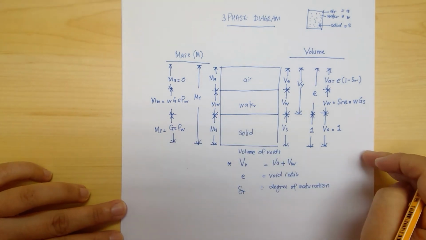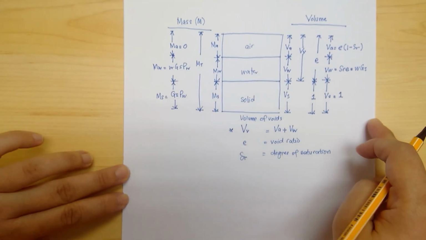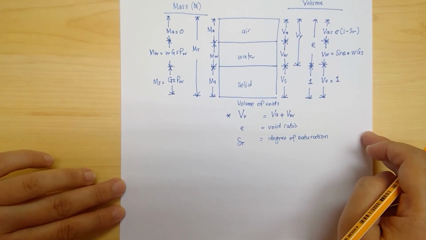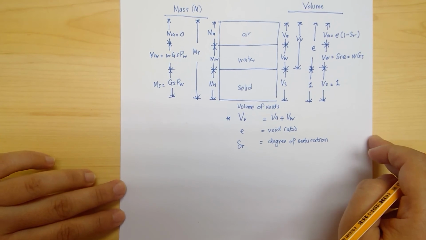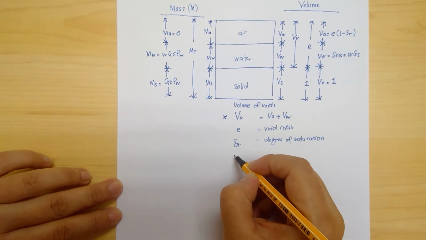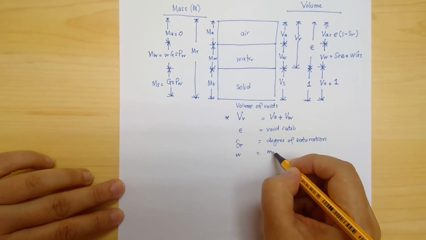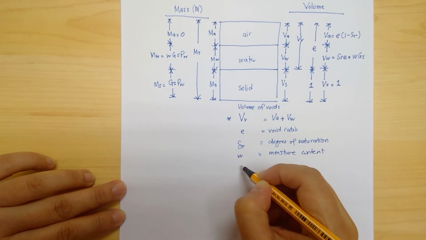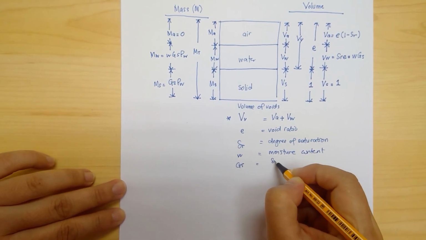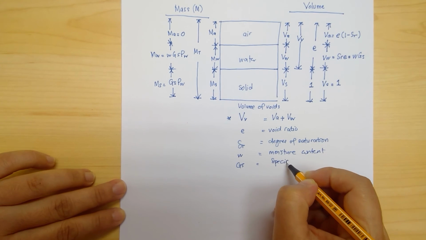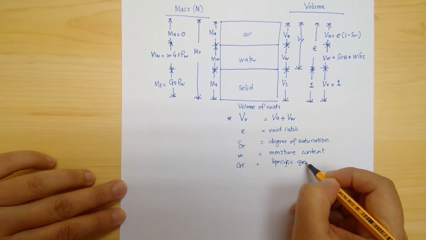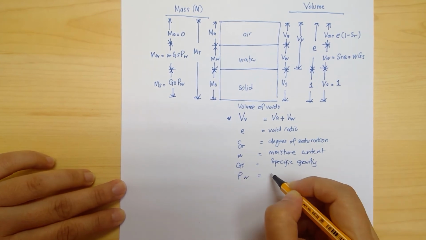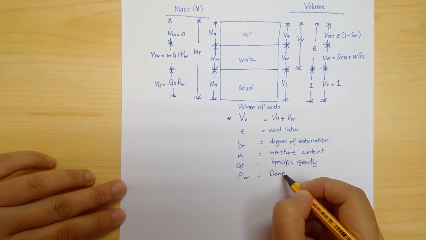Okay, the tips for this three-phase diagram. But before that, I think you need to jot down all the notation so that you can remember. w is equal to moisture content, and then Gs is specific gravity, and then rho w is equal to density of water.